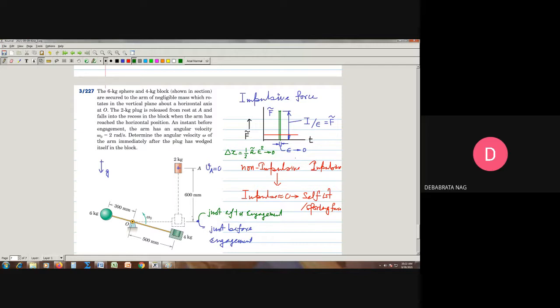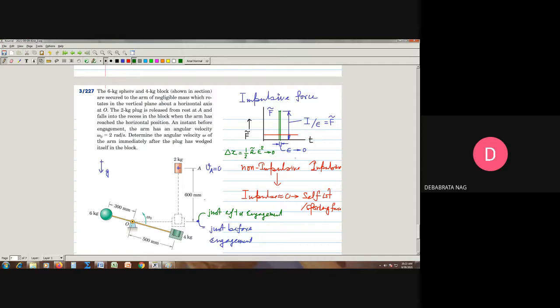However, just after engagement, in the post-engagement situation, if there are no other non-conservative forces present in your system, energy is again going to be conserved. But during this small time epsilon, the energy is not going to be conserved.